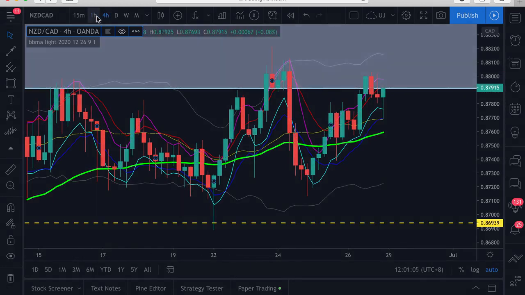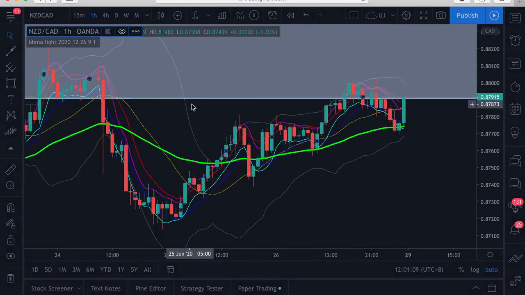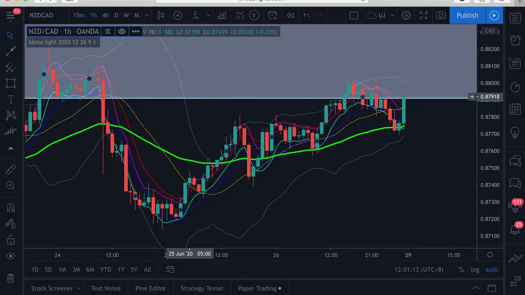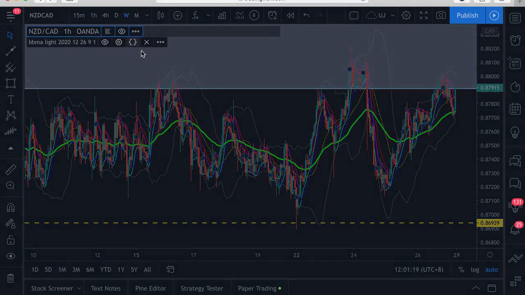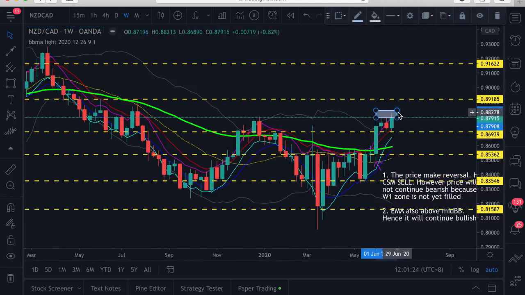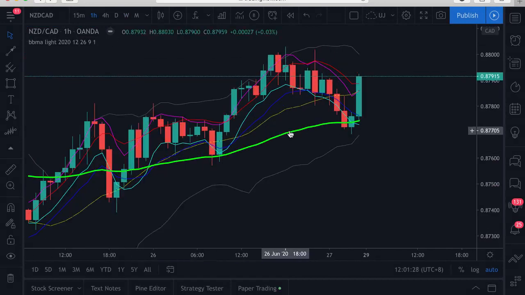And then on H1, we have not seen any, sorry, I'm going to delete this box first. It makes it very hard to see the candle on H1. So on H1 we can see price is making CSAK.